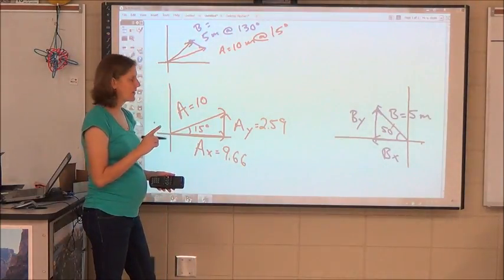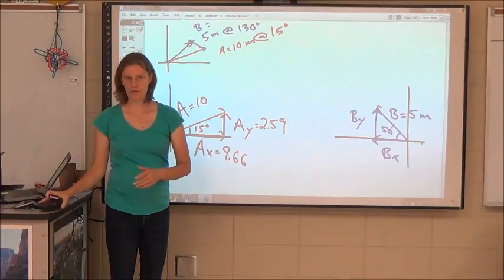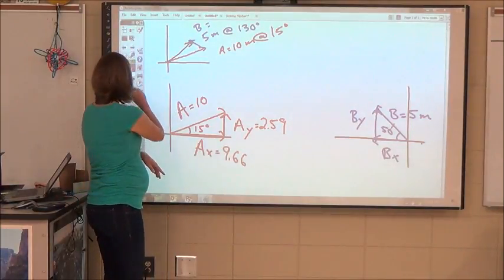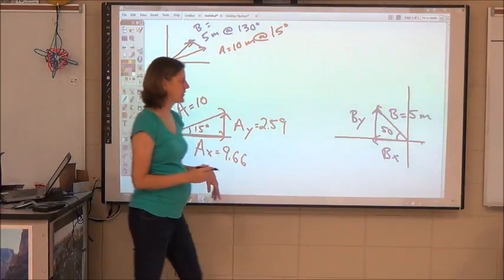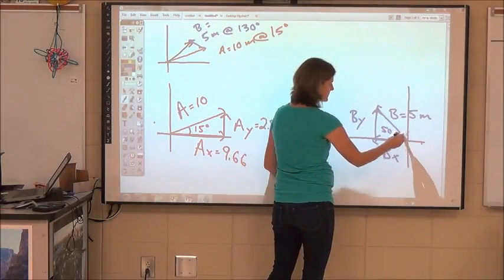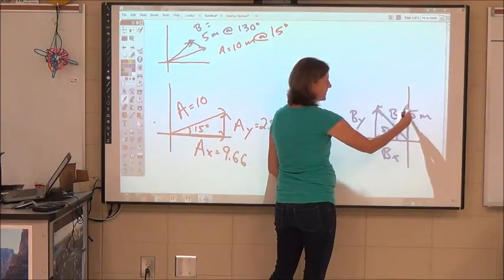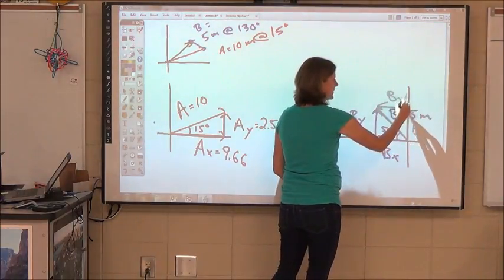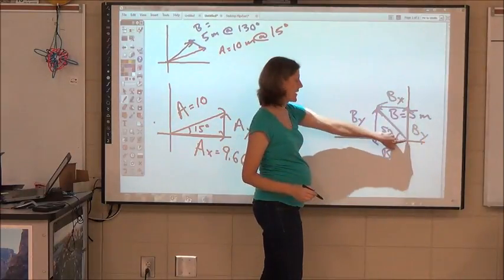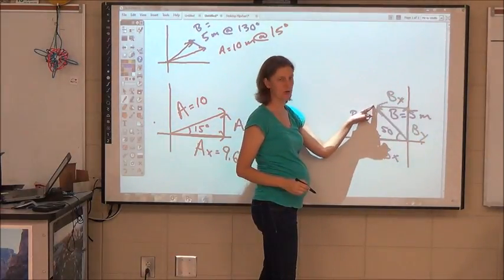Now, I should also note that that's just simply how I drew these components. You could have drawn BY first. You could have had the same B and gone up BY and over BX. Doesn't matter. You're still showing how much you go up. You're still showing how much you go left.